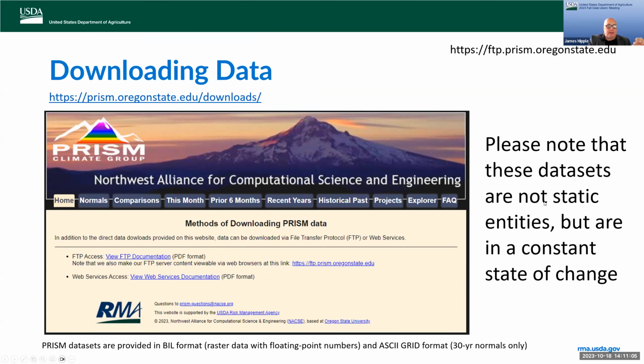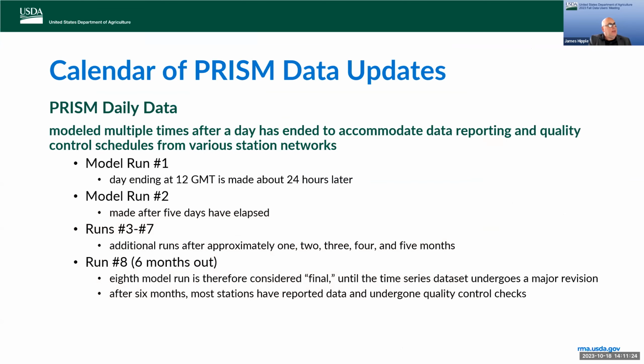The data sets, as noted earlier, are not static entities, but they're in a constant state of change. That's due primarily to the extensive QA/QC process associated with PRISM and the way that they do quality control on their work. The PRISM daily data and the PRISM monthly data have a series of model runs.